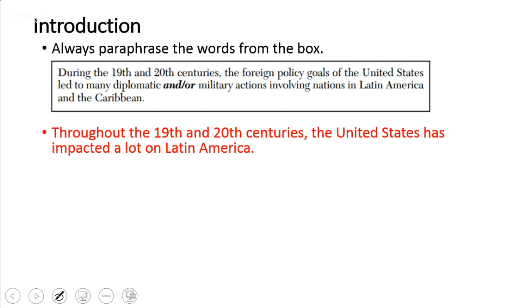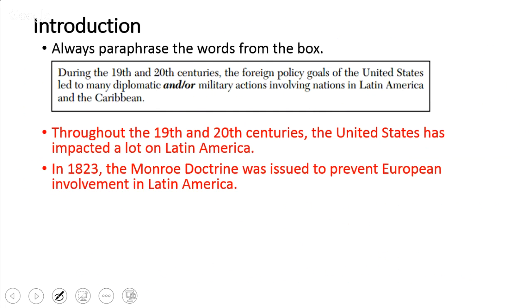If we want to paraphrase, we can just say throughout the 19th and 20th centuries, the United States has impacted Latin America a lot, right? And then you need to talk about two laws, two policies.